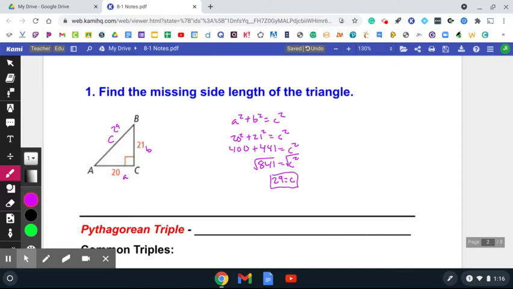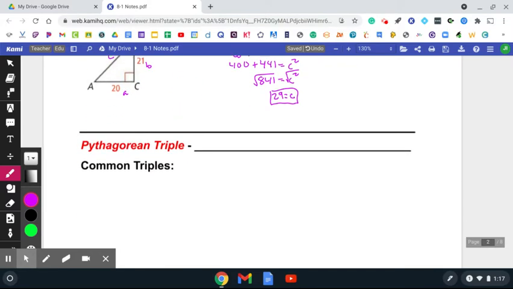Now in this particular case, we ended up with a right triangle where all of the sides were nice whole numbers. A lot of times when you're actually applying the Pythagorean theorem, you won't end up with that case; at least one of your sides will be a decimal value. But when it does happen that you have nice whole numbers for each of the side lengths, we call it a Pythagorean triple. So let's write that definition down.